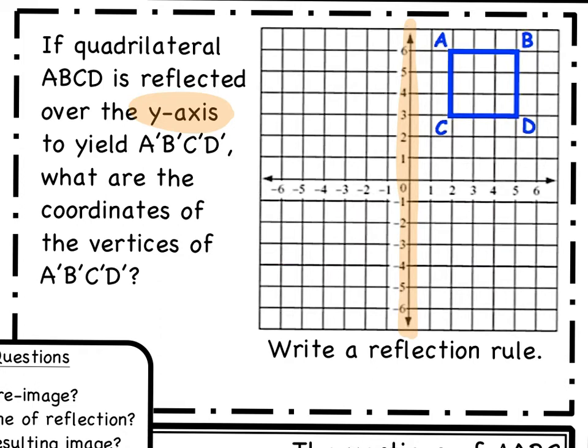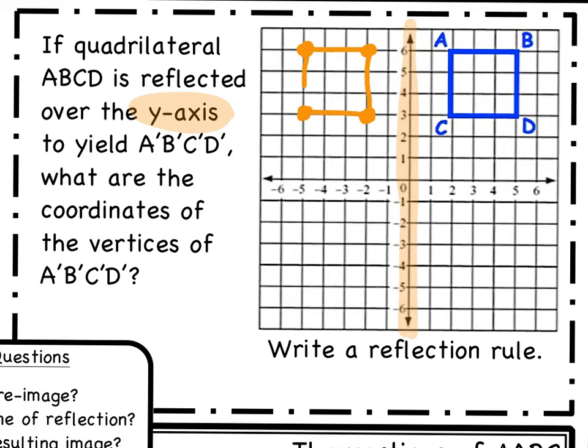So point A is 2 units to the right, so I'm going to go 2 units to the left. Point B is 5 units to the right, so I'm going to go 1, 2, 3, 4, 5 units to the left. C is 2 units to the right, so I'm going to go 2 units to the left. And D is 5 units to the right, so I'm going to go 5 units to the left.